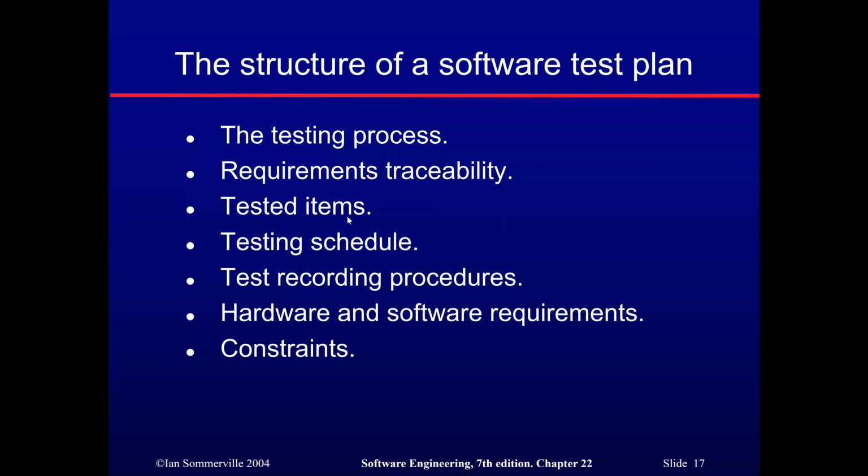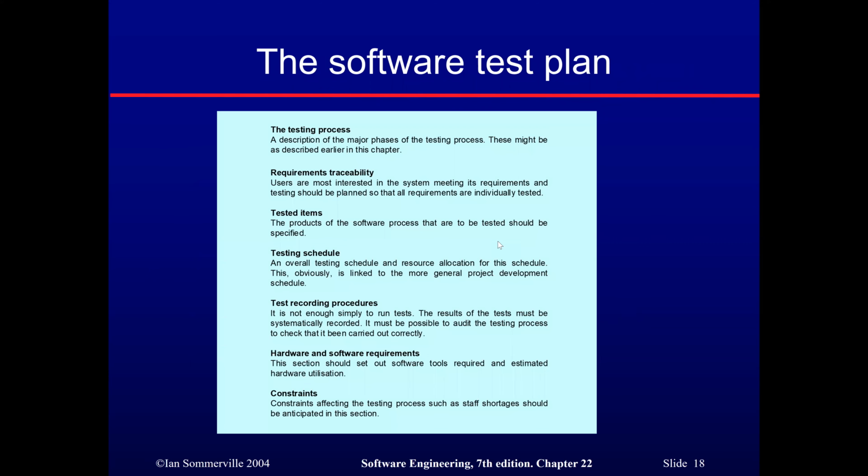You should clarify this. You should tell the testing schedule. You should say how the recording of the test procedures will be done. What are the software and hardware requirements? And finally, what are the constraints of the test? In the planning of a test, you should clarify these points.